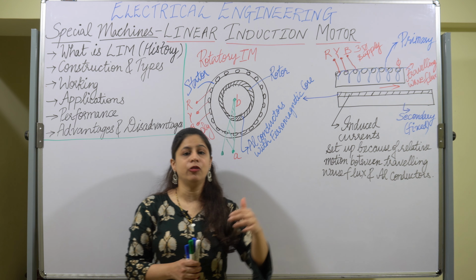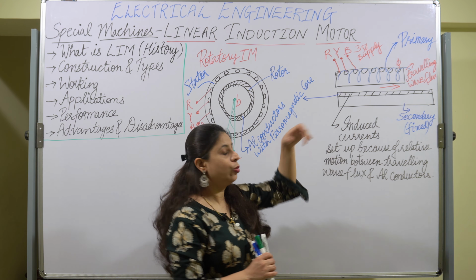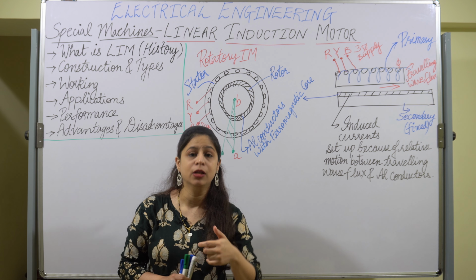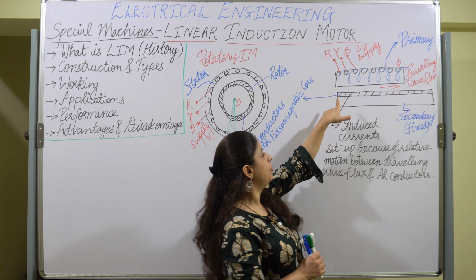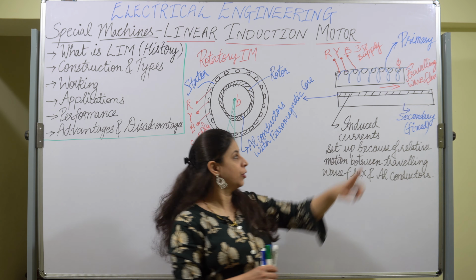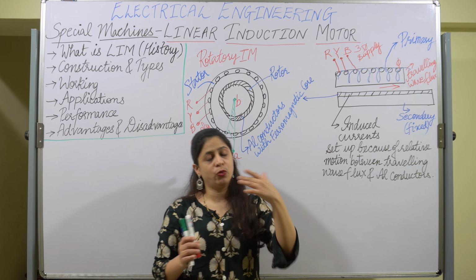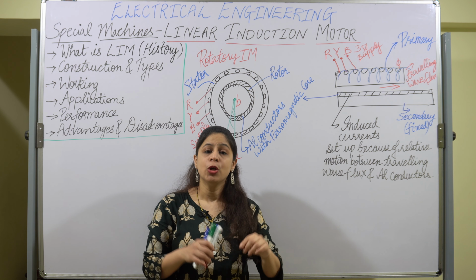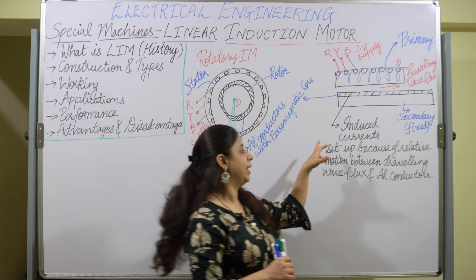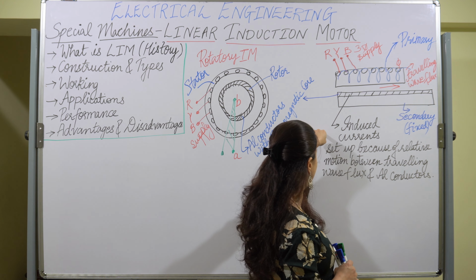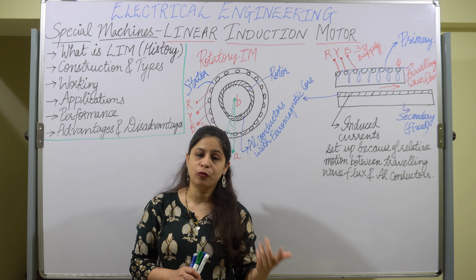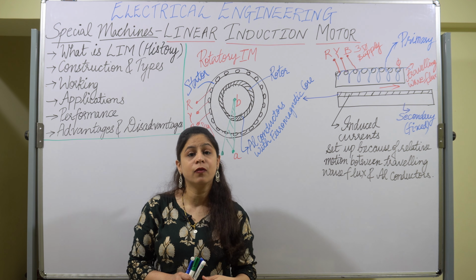Now what will happen? The secondary of the linear induction motor will generate its own magnetic field. That magnetic field will be opposite to the magnetic field generated by this wave flux, and it will be repelling that magnetic field. When they interact, the magnetic fields repel and that generates a force.